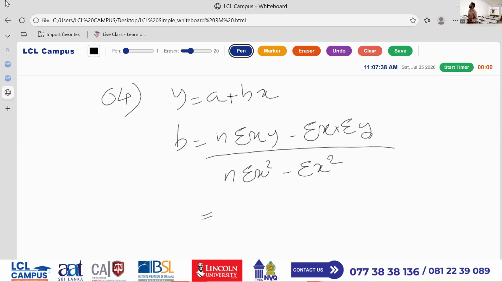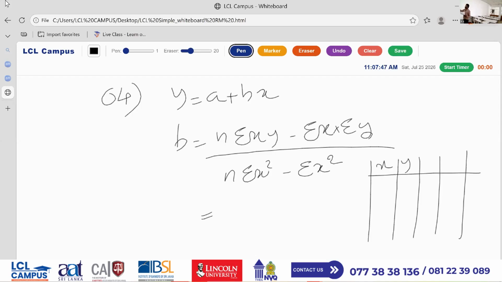For that, first you have to prepare the table to find those values: X, Y, XY, and X squared. After that, take these totals.